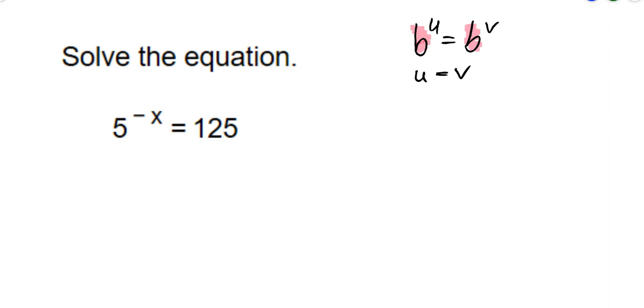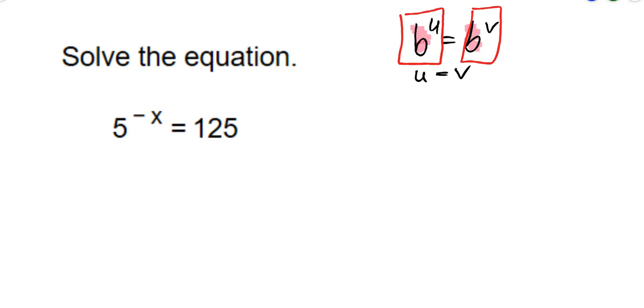Now it goes back to the definition of one-to-one, where if the x's are different, the y's are different. In this case, the y's are the same, so that must mean that the x's are the same. So what I want to do is write this equation to have the same base on both sides so that I'm able to use that one-to-one property.